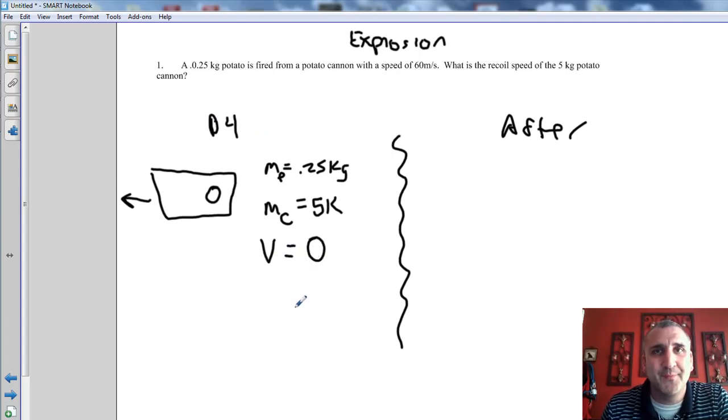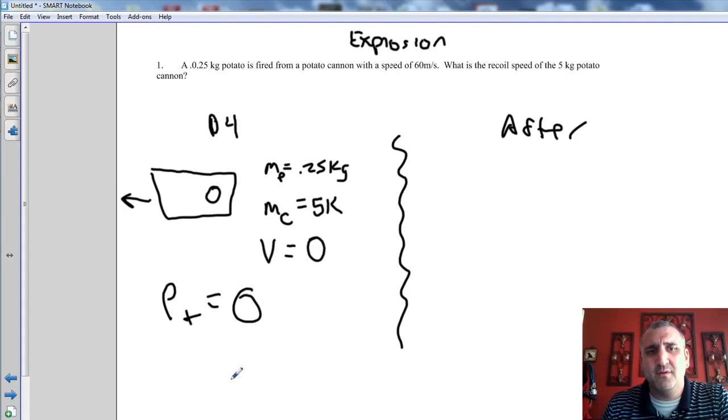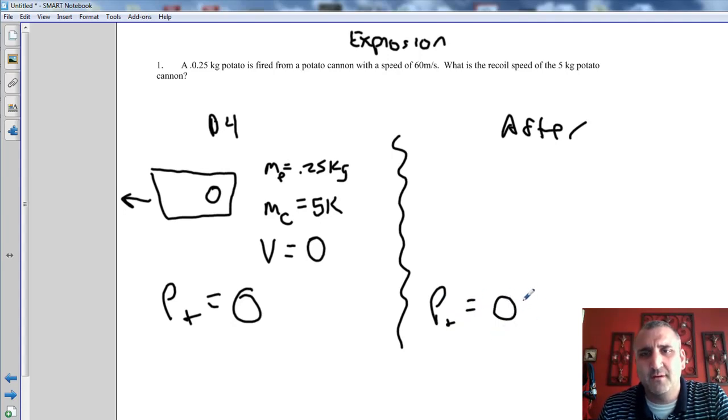So the total momentum before the collision, mass times velocity, is all just going to be 0. Well, if that's the case, what does the total momentum after the collision have to be? You guessed it, 0 kilogram meters per second. 0 kilogram meters per second before, 0 kilogram meters per second after.